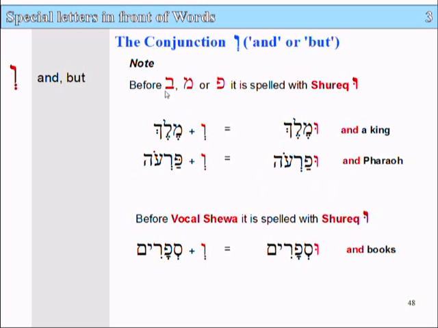When it's in front of a bait, a mem, or a pay, it becomes an oo sound, a shurek. But it also becomes a shurek if it's in front of a letter that starts with a vocal shiva. So sefarim becomes usefarim. Books becomes and books.